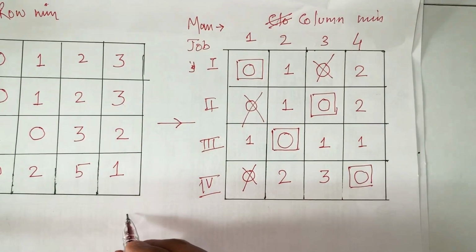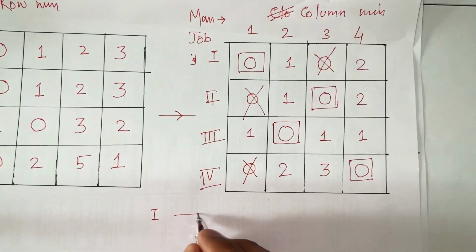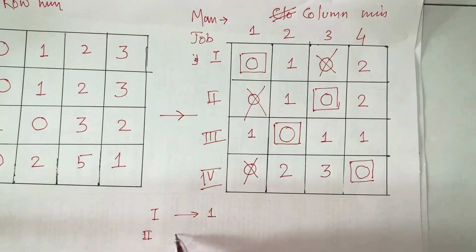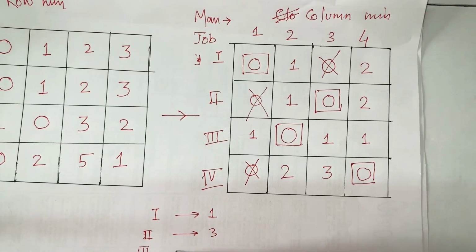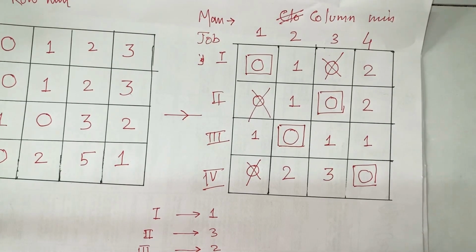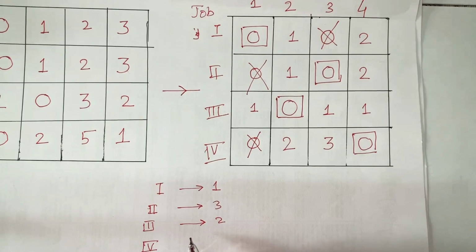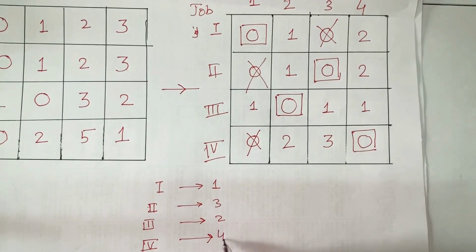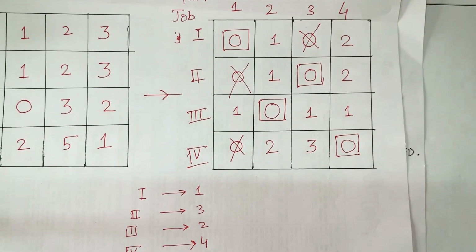The solution of the problem is: first job goes to first man, second job goes to third man, third job goes to second man, and fourth job goes to fourth man. So that's the solution of the problem, and in this way you can minimize the total assignment cost.